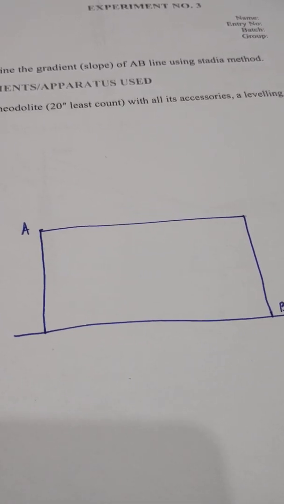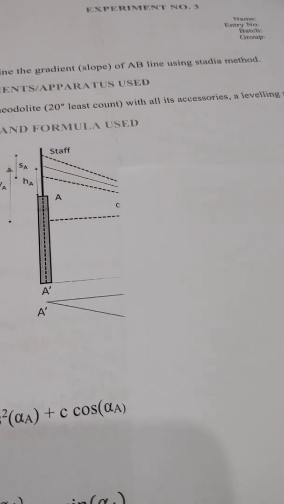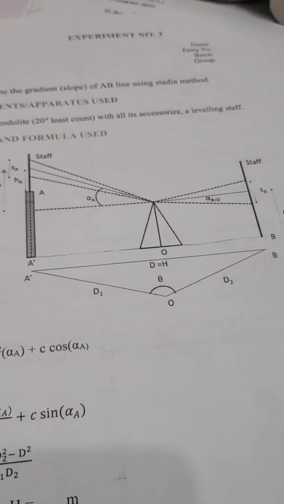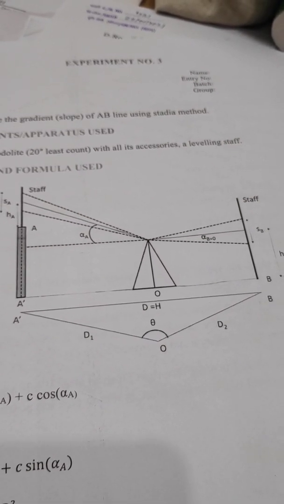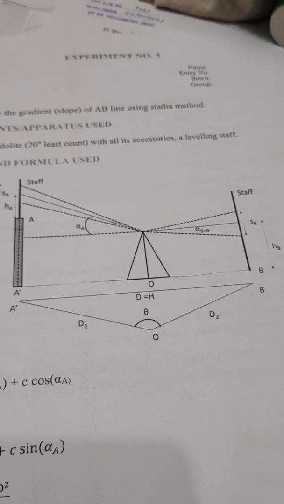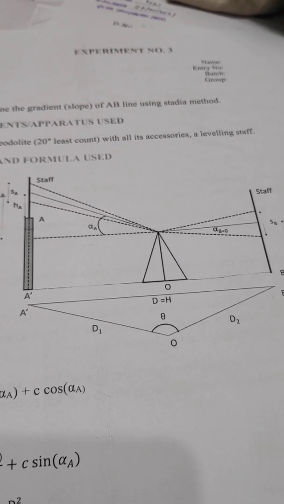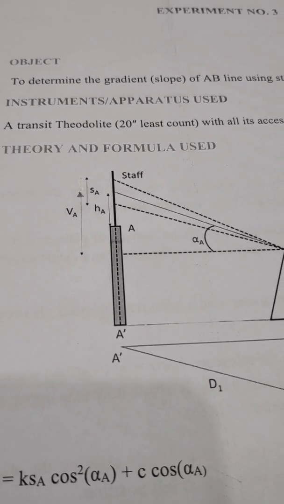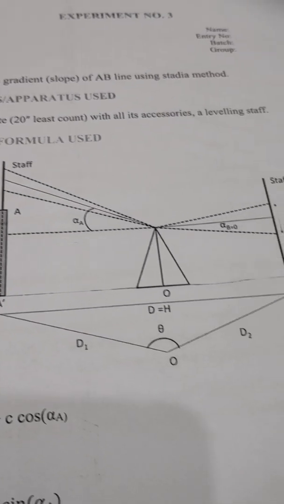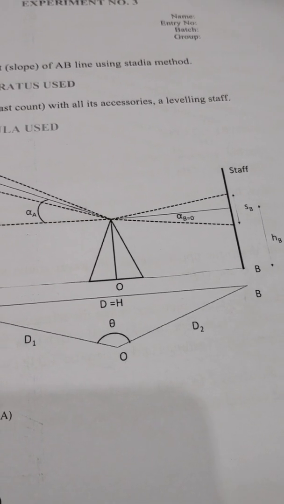Now I am showing you the scheme of this experiment, how this experiment will be performed. So this is the diagram of operation of this practical. The point A, I think, is visible to you. This is the top of the building, and this point B is at the ground.